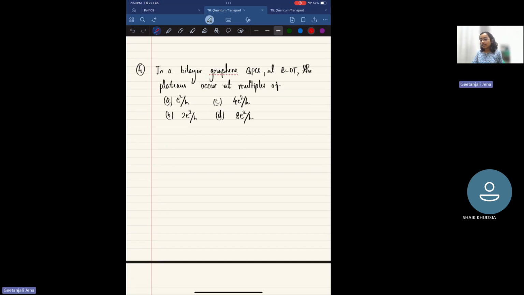Question number 4. In a bilayer graphene quantum point contact at 0 Tesla, the plateaus occur at multiples of e square by h, 4e square by h, 2e square by h, or 8e square by h.